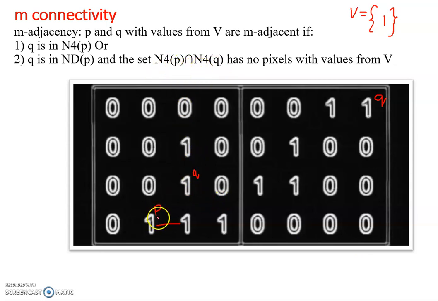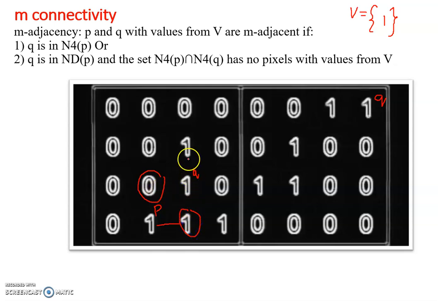So this is my P. N4 of P means the horizontal and vertical neighbors of P. N4 of Q means the horizontal and vertical neighbors of Q. If I take the intersection of these two, N4 of Q is this and N4 of P is this. So when I take the intersection of N4 of P and N4 of Q, this is one intersection, and similarly this one is another intersection.